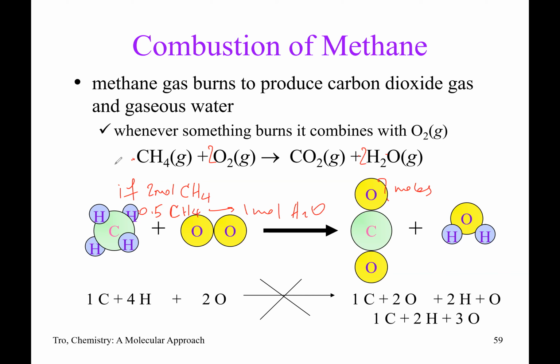Let's say you start with 2 moles of CH4. The first question is how many moles of H2O? The second question would be how many grams of H2O? I'm going to erase the half here, so we know that we are only working with the 2 moles.